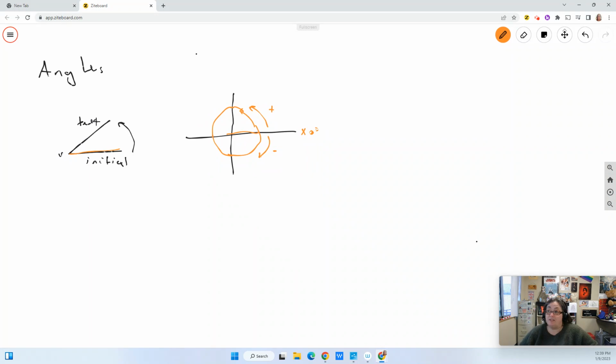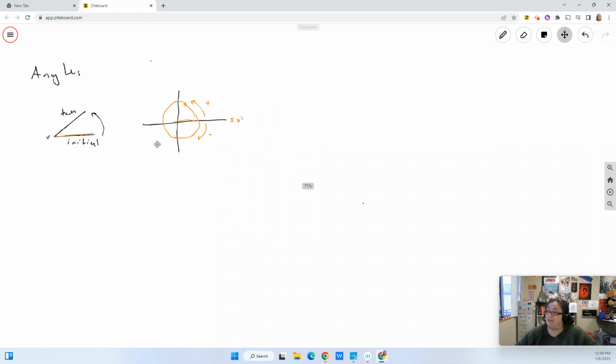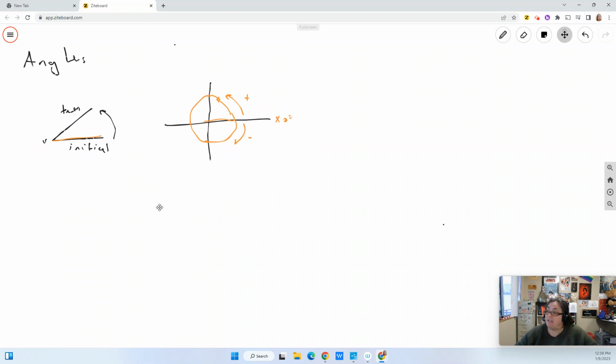If we started from this point though, this angle that goes all the way around and meets it, because yes, this is an angle, right? But this in the negative is also an angle, right? It's just that this is still the initial and this is still the terminal. We're just going in the negative direction.